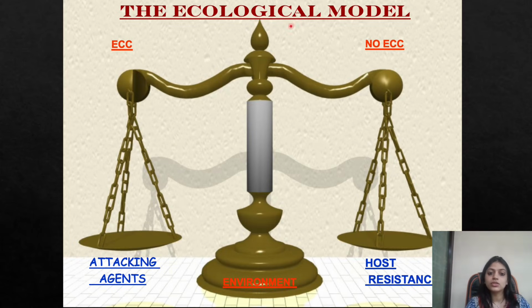Okay, this is the ecological model where we can see if the attacking agents are more, ECC is bound to happen, and if the host resistance is more, then there is no ECC. Okay, so these four factors must be present for tooth decay to occur. A tooth which is not well protected by saliva tends to be affected by decay.